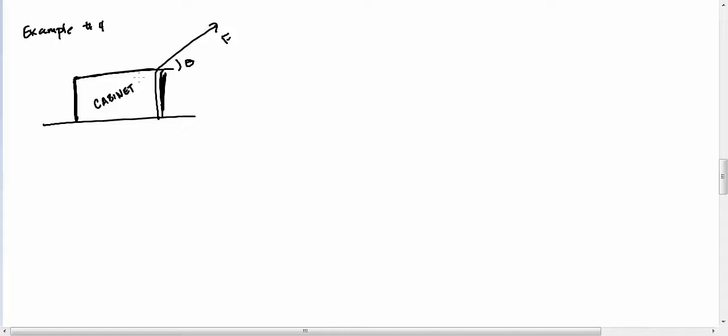Okay. So I'm pulling up at an angle of theta. And then what I do is I say, all right, I know there's some forces acting on this box. Well, one force, obviously, is the force that I'm pulling it up at.